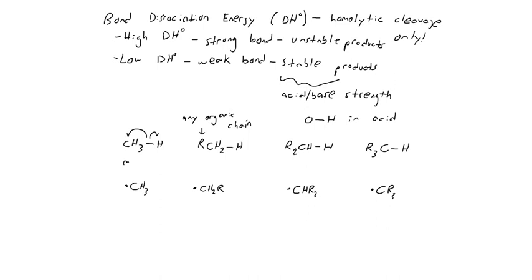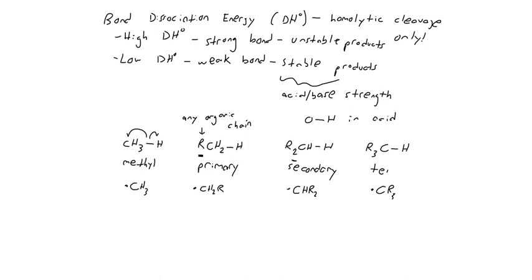So these are the couple different types of radicals we could make. And we have names for these. This is a methyl radical. This is called primary. So primary is 1, right? And this means that we have one carbon substituent on the carbon that we're looking at. This is secondary, because we have 2 substituents here.